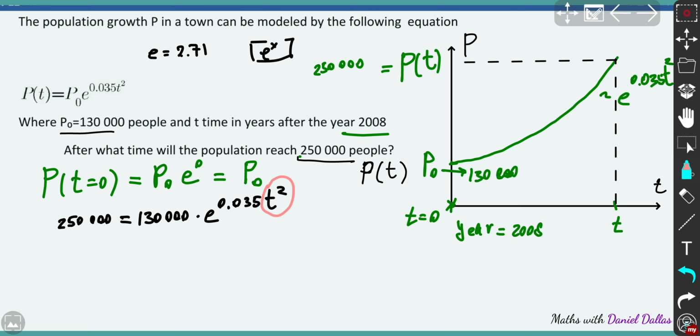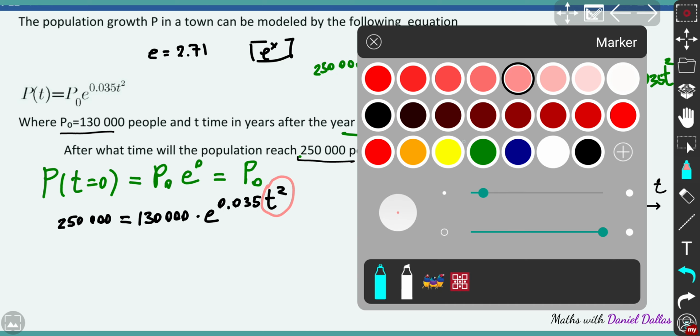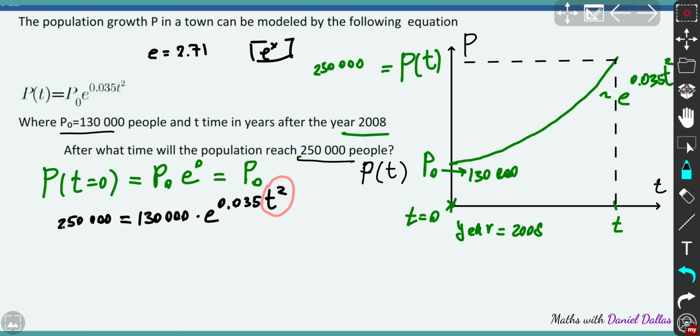So what you can do first is simplify it by dividing 250 over 130. That means you'll get 25 over 13. I just cancelled zeros. And on the right side, you'll have e to the same power. We didn't change the power yet.